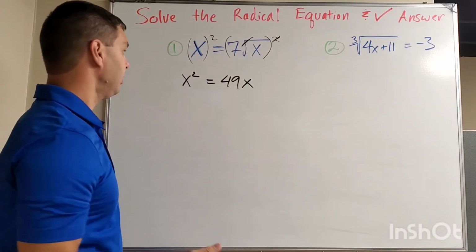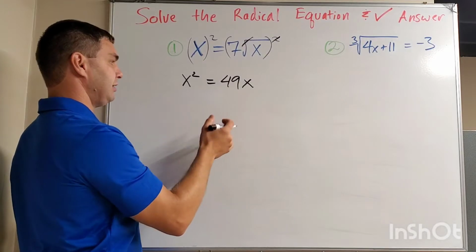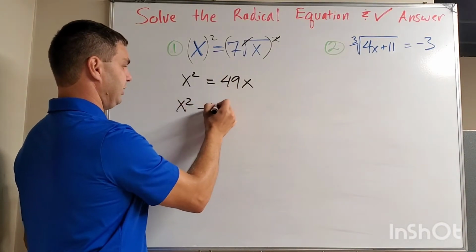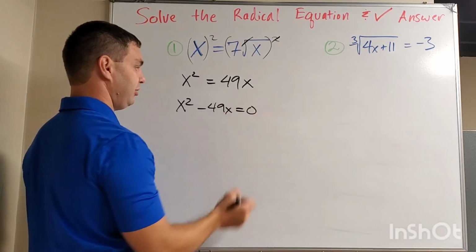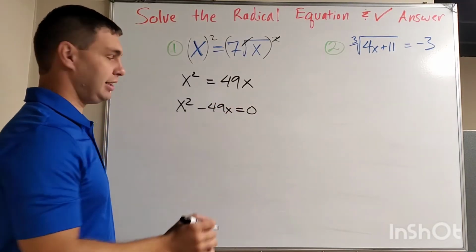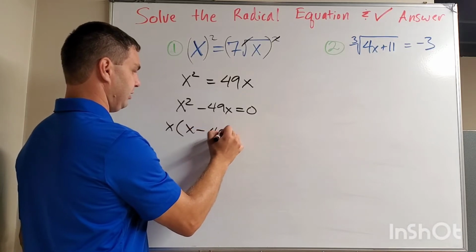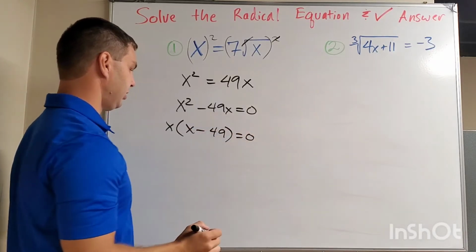It's just x. Then once I have it like this, I might move that 49x to the other side. That gives me x squared minus 49x equals 0. I see these both have an x in common, so I can factor out an x, leaving me with x times x minus 49 equals 0.